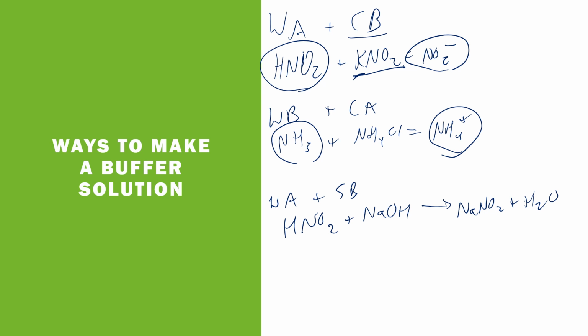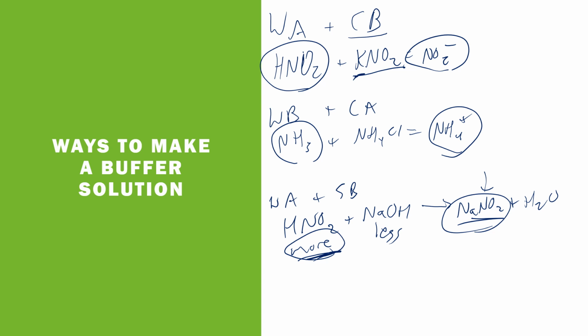And it will make a buffer solution as long as you have more moles of the weak acid. You don't want to completely use up the weak acid because then it wouldn't be a buffer anymore. But if you have less of the strong base in terms of moles and more of the weak acid, then you will form some of the conjugate base. So you'll have both the weak acid and the conjugate base in the solution.